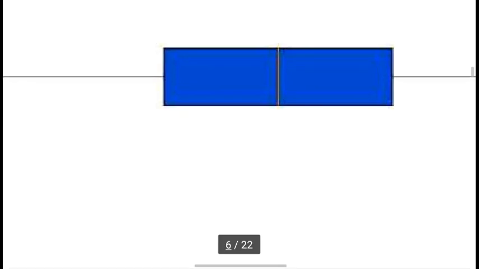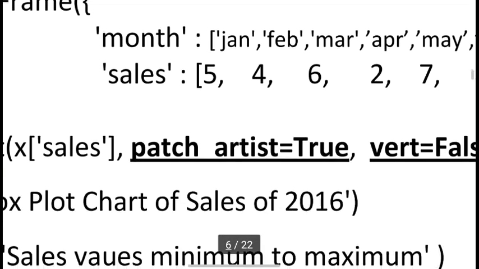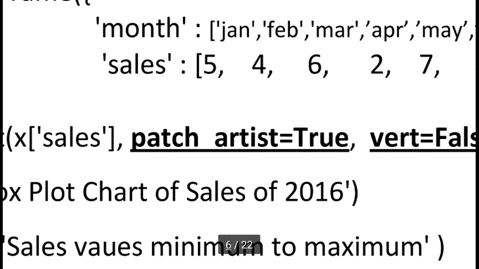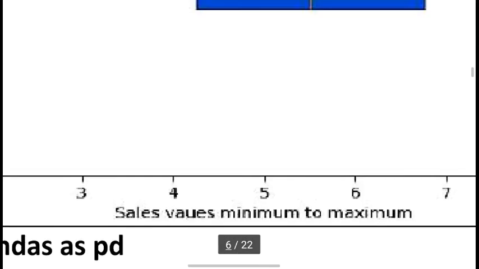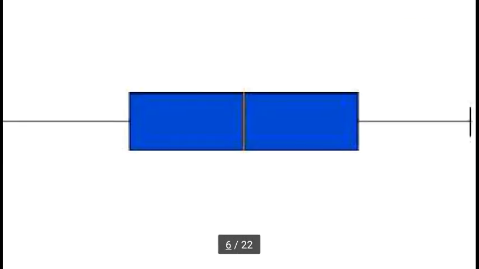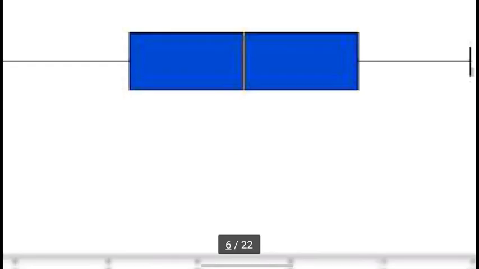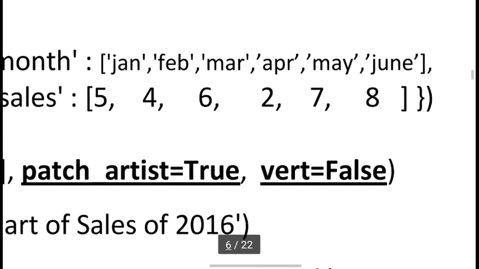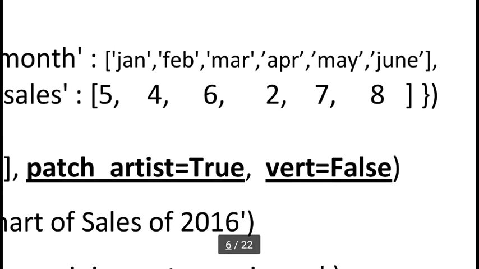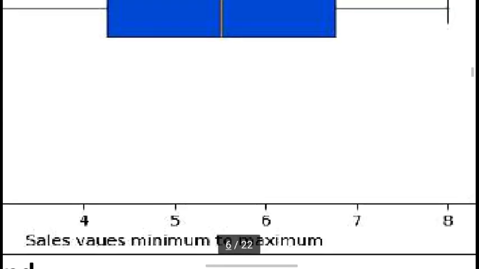When you use patch_artist equal to True, the box is filled with a blue color. And here I am using vert equal to False, which means I don't want to show it vertically, I want to show it in horizontal form. Vert equal to False means vertical false, so you can see it in horizontal form.